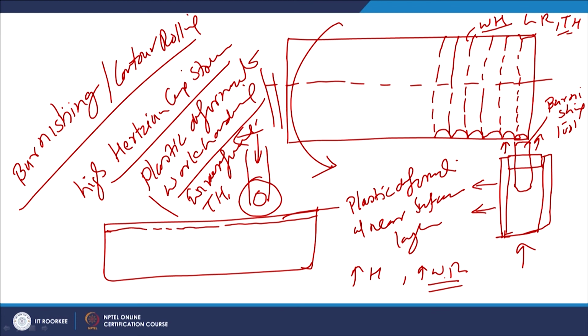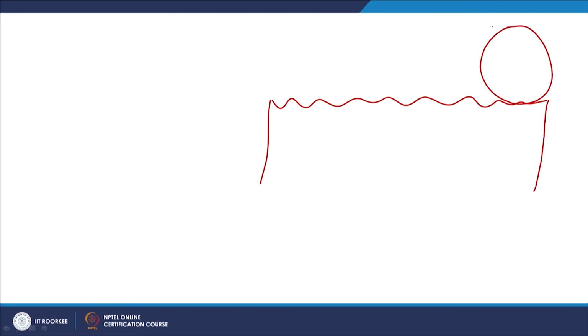Now, we will see how it works. All surfaces will have peaks and valleys like this, and a burnishing wheel will be moved under pressure over the substrate. Whenever the tool moves over the surface, all these peaks and valleys are flattened and collapsed.